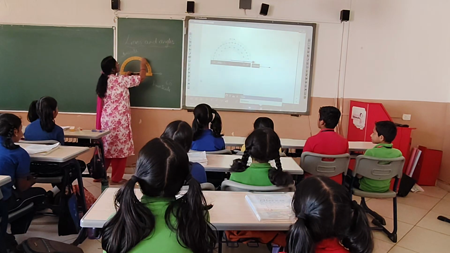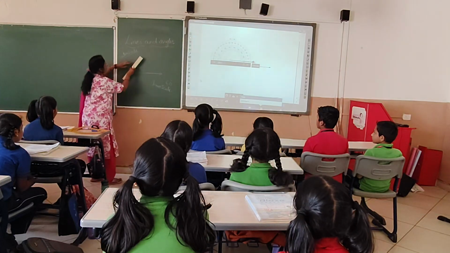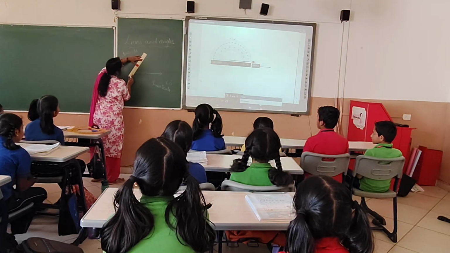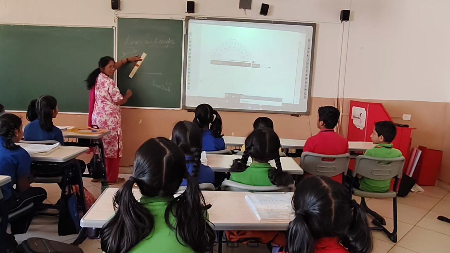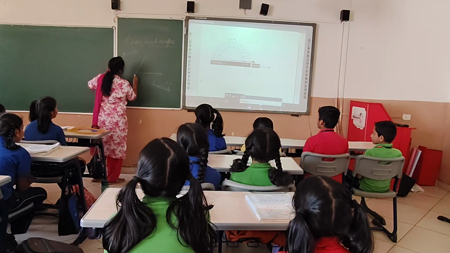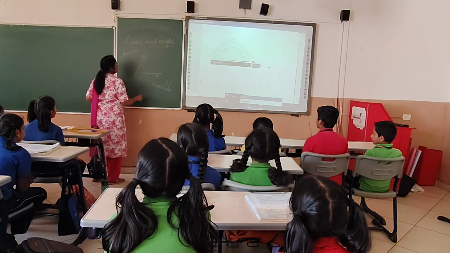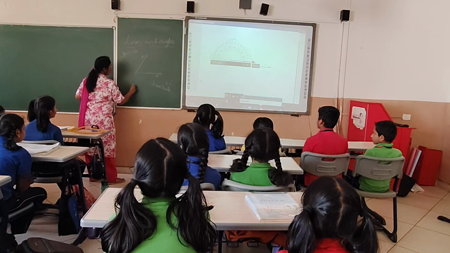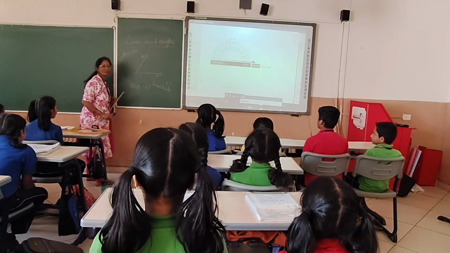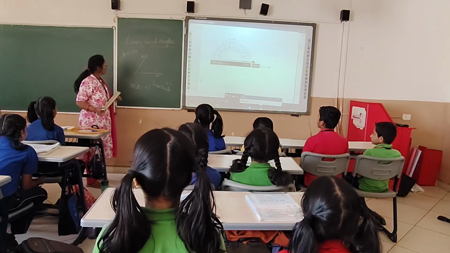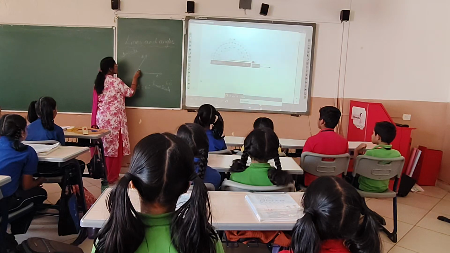So you place the point here with the pencil, and then you keep the scale like this and then construct. You are writing it as angle BOA. So angle BOA is equal to 60 degree. Right? But it's incomplete if you don't mention this.